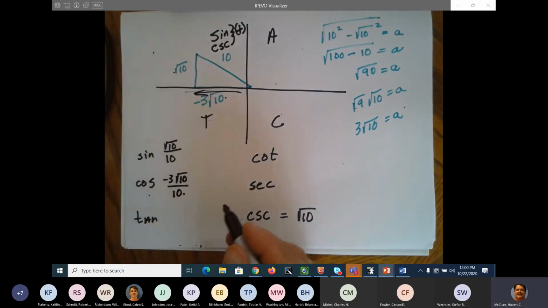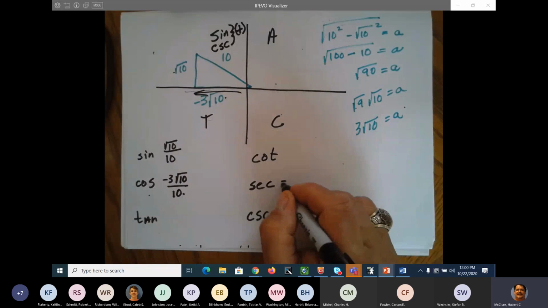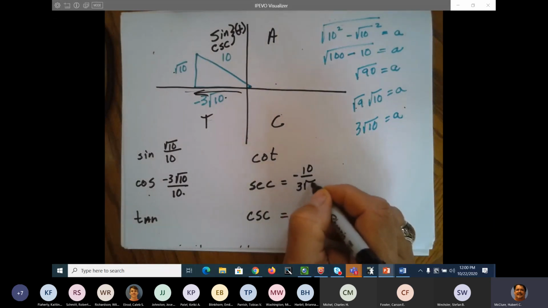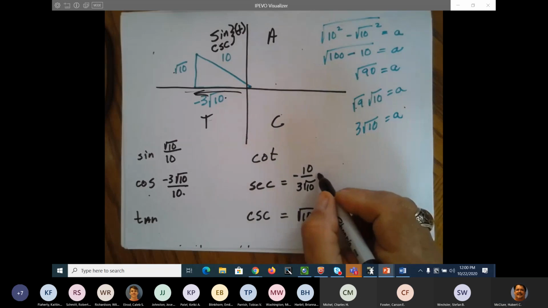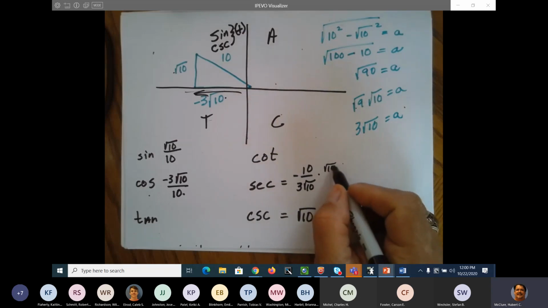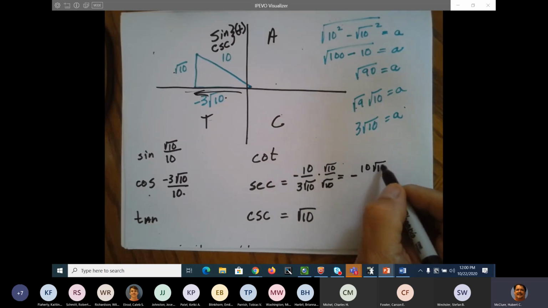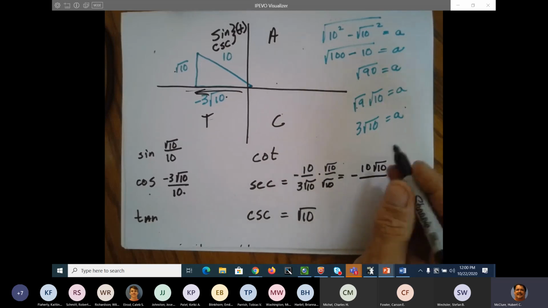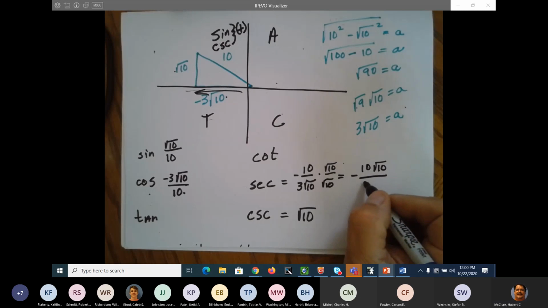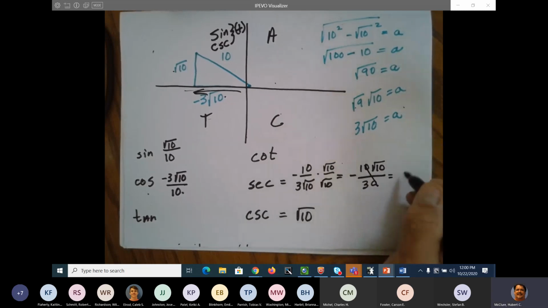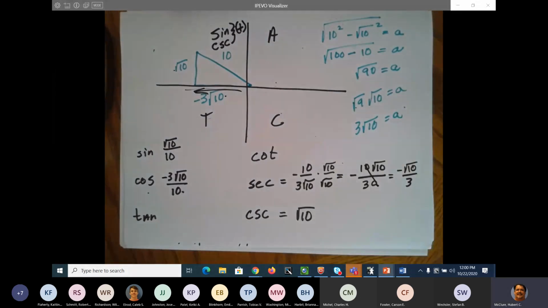And the cosecant is going to be negative 10 over 3 square root of 10 multiplied by the square root of 10 over square root of 10, negative 10 square root of 10 over 30, and that's going to reduce and you get negative square root of 10 over 3. And that would be the secant.